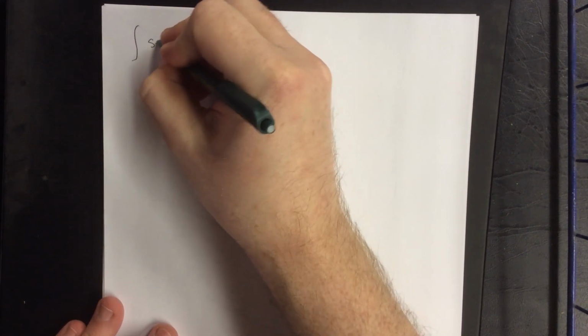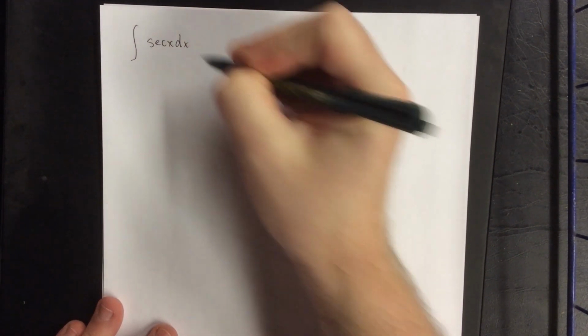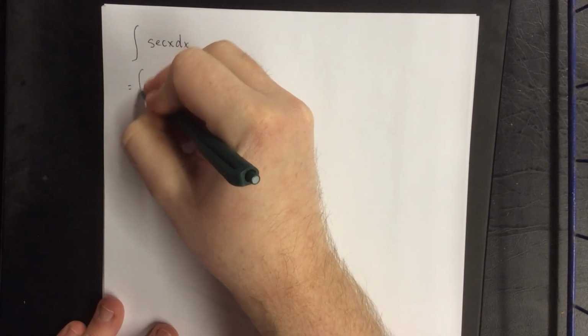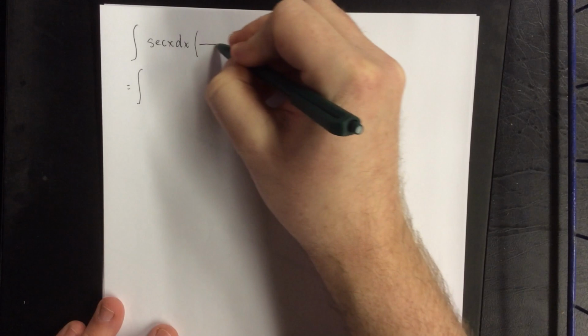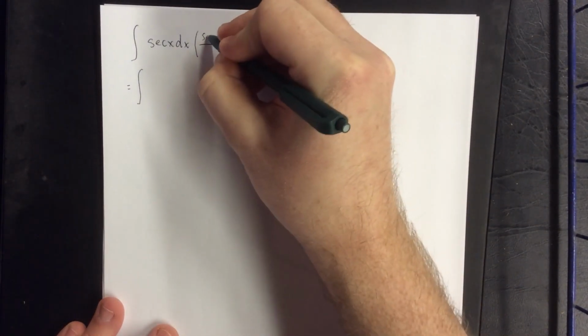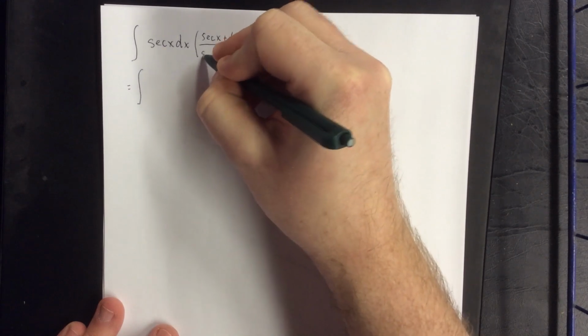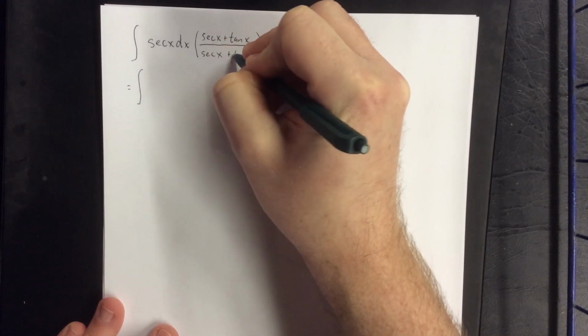So for the integral of the secant of x dx, once again I'm going to turn this into a nice big fraction. And the way that I'm going to do so is by multiplying by this thing that seemingly comes out of nowhere, and yet it's going to work out just so beautifully.